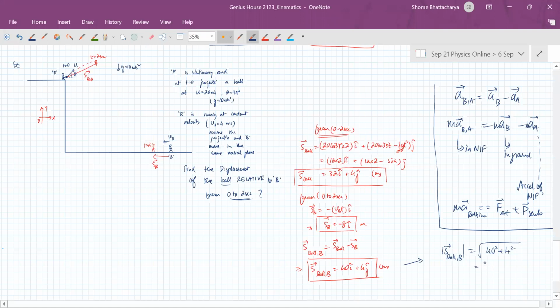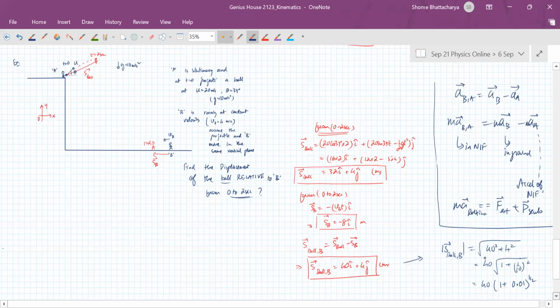What I can do is take 40 common here. So this will become 40 times the square root of 1 plus (1 by 10) whole squared. So that is 40 into 1 plus 0.1 squared, so that is 0.01, to the power half.